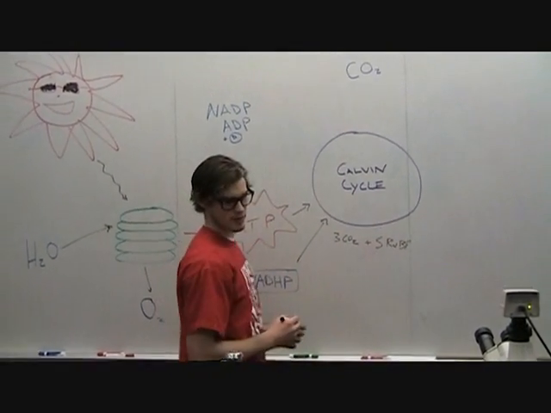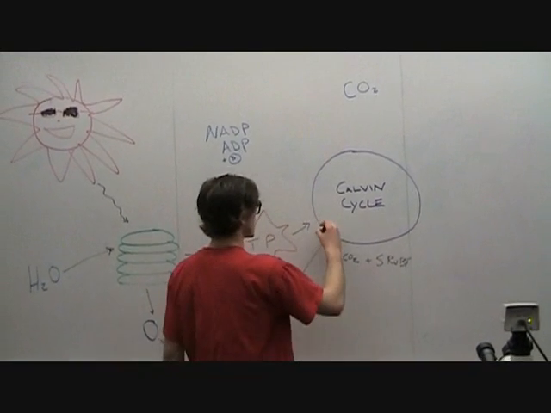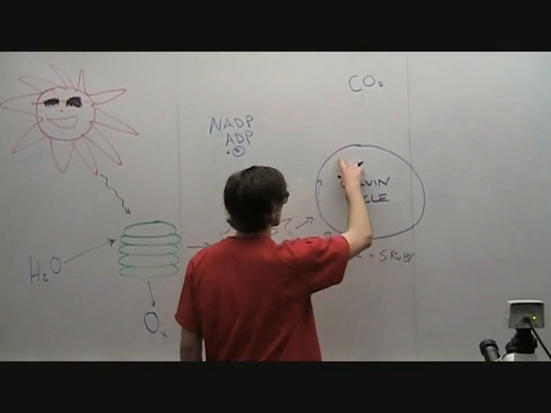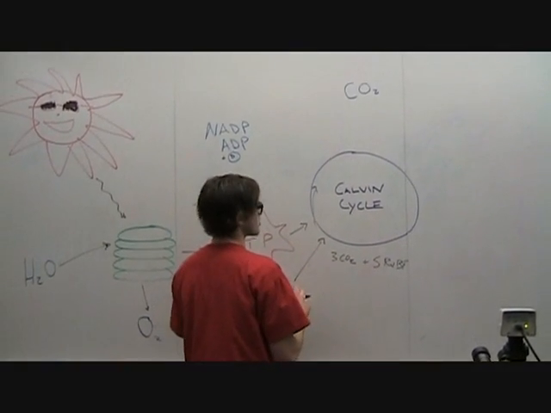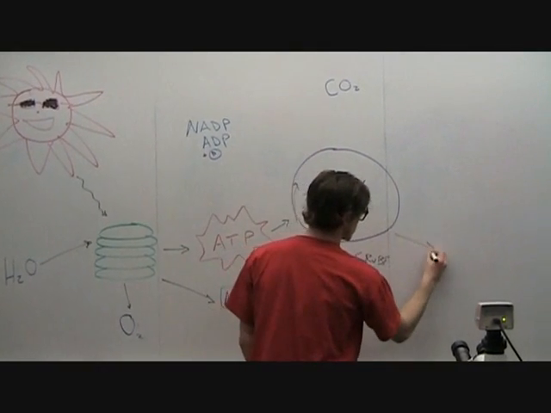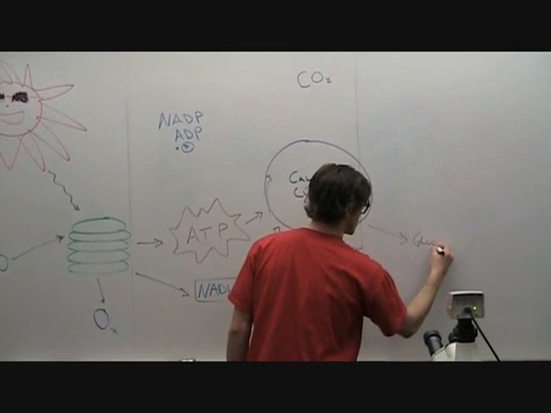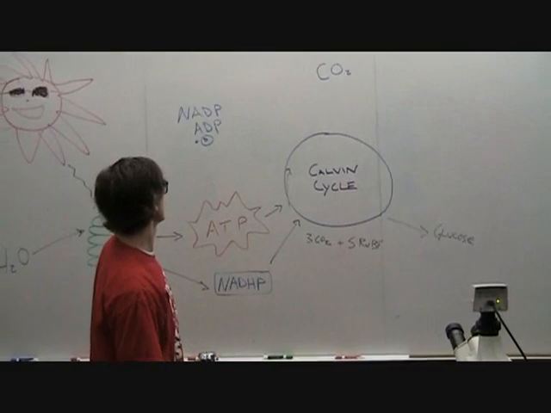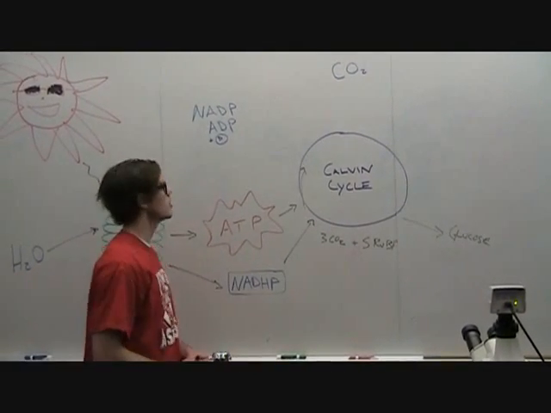They're going to combine for the Calvin cycle, which is going to go around twice, and in the end we're going to get glucose, which is then going to be sent for glycolysis later on to produce some more energy.